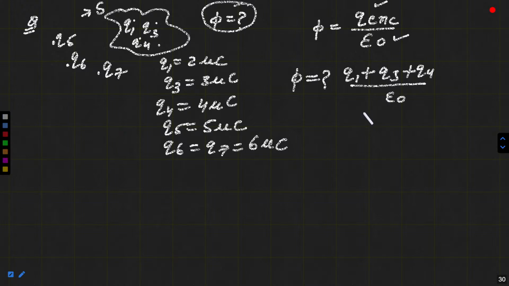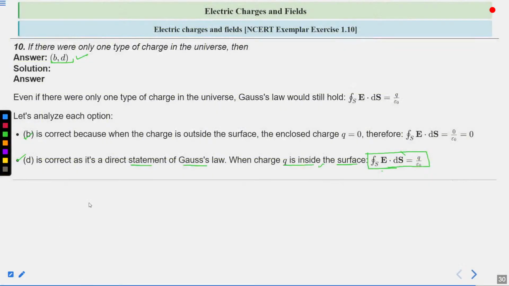Clear? Is this concept clear or not? Any doubt from this concept, electric charges and fields? Please ask.